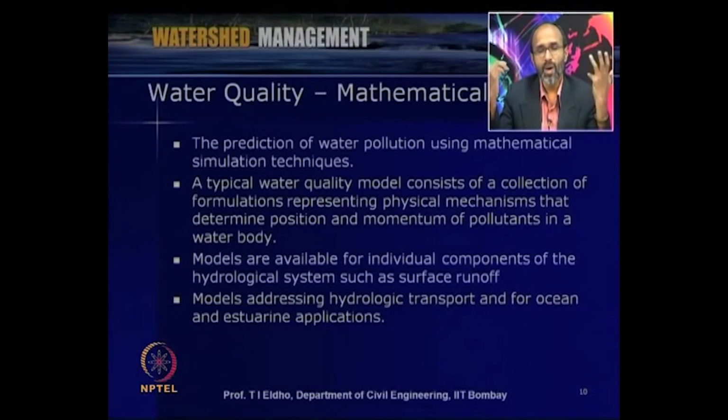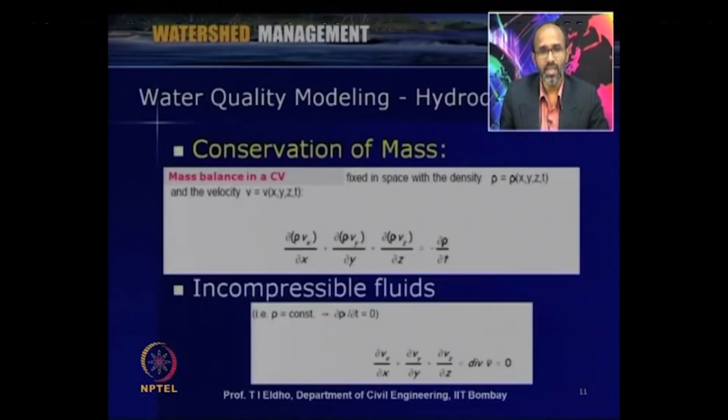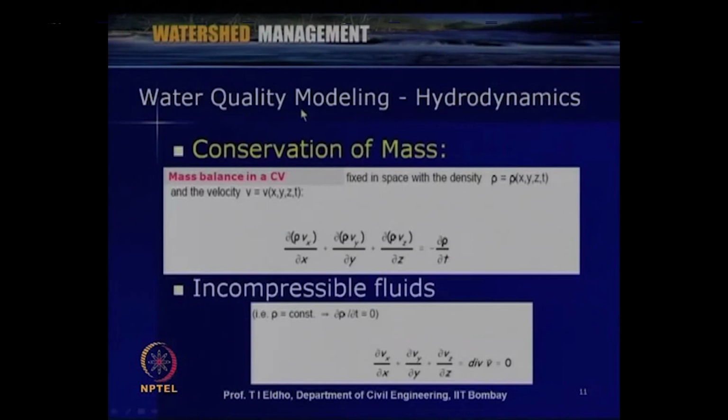As far as water quality modeling is concerned, we first try to represent the particular pollutant or contaminant within the environment in terms of mathematical description, like governing equations and boundary conditions. In this way, when we are trying to develop the water quality models, we consider various processes like diffusion, dispersion, advective transport and reactive transport, which we discussed in some of the earlier lectures.